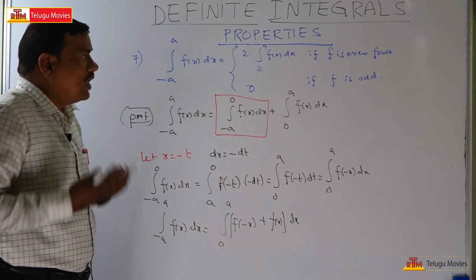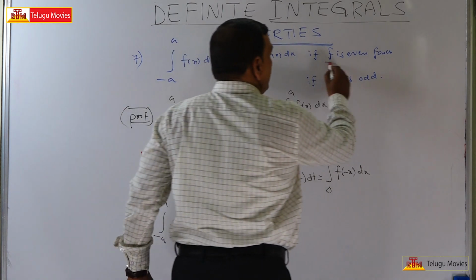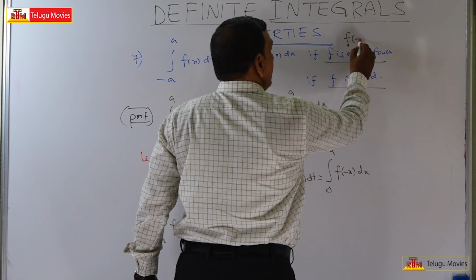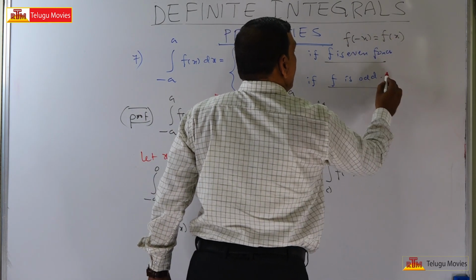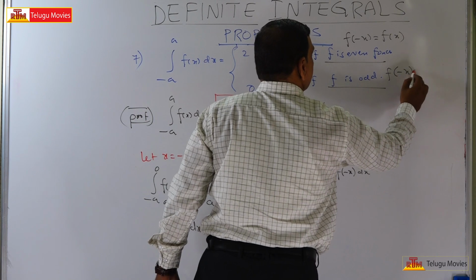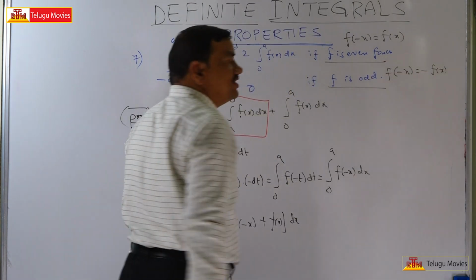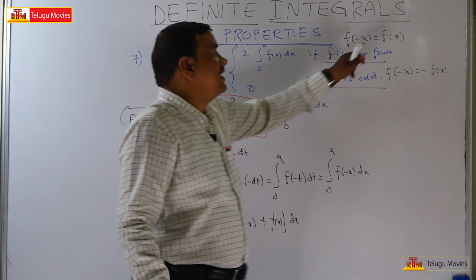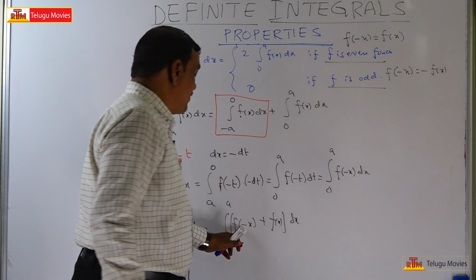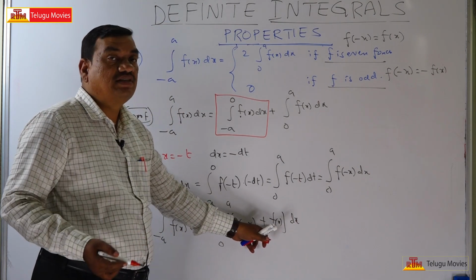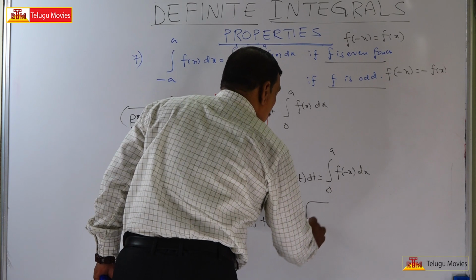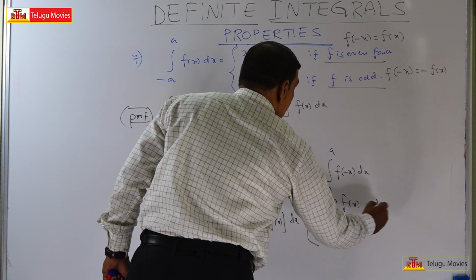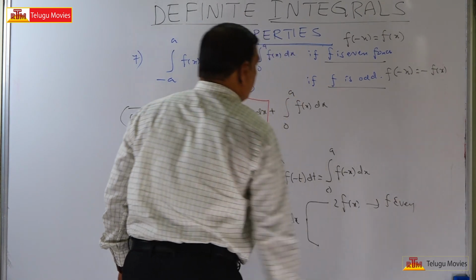Now coming to the definition of even function and odd function. Even function means f(minus x) is equal to f(x). Odd function means f(minus x) is equal to minus f(x). If it is an even function, in place of f(minus x) you can write f(x). That means f(x) plus f(x), 2 times f(x); you can take the 2 common outside, so 2 times the integral 0 to a of f(x) dx, if f is an even function.